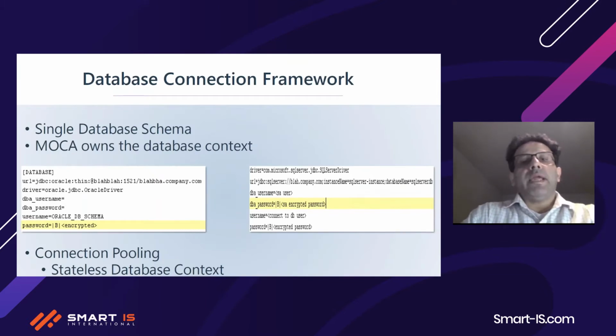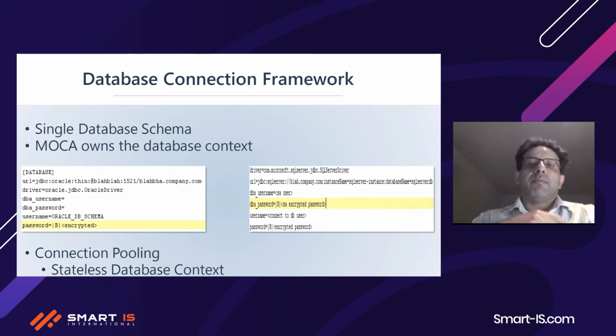So the way Moca provides access to the database is that the Moca registry has settings for both databases, Oracle and SQL Server, and that's how we provide the credentials and connection information to those databases. So again, SQL Server and Oracle are both supported.